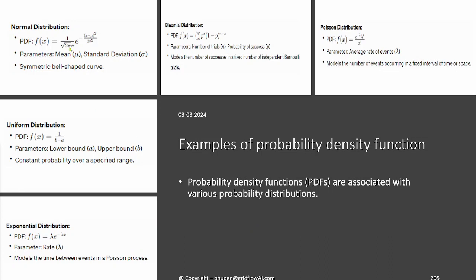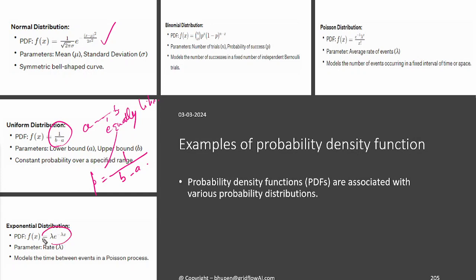So let's look at some examples of probability density functions. Right now we just talked about this one. Uniform distribution is very easy: the value is between A and B, and all values between A and B are equally likely. So the probability is simply going to be 1 over B minus A. That's the famous uniform distribution.